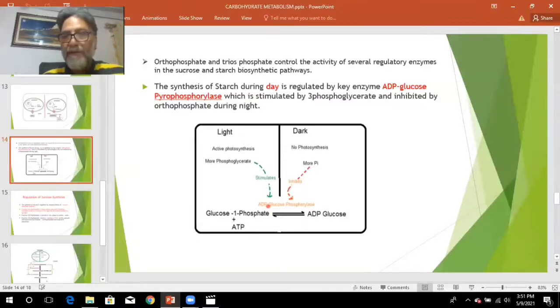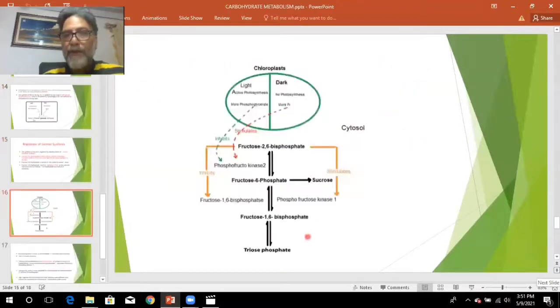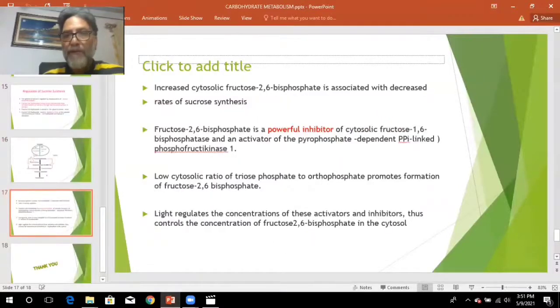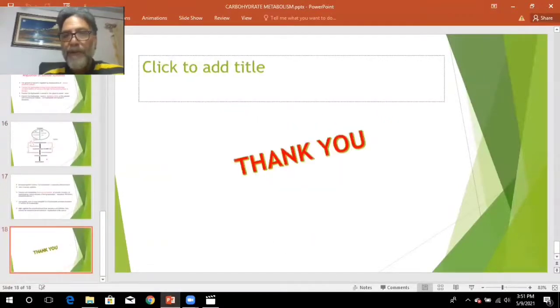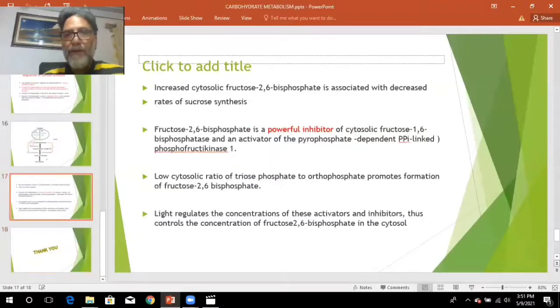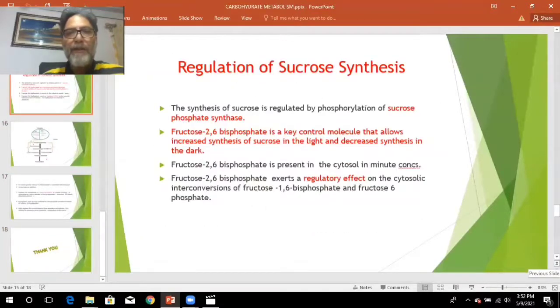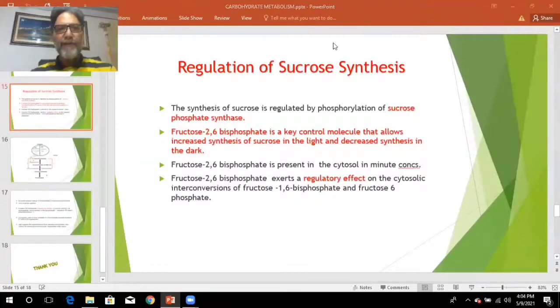Now let's understand the regulation of this sucrose synthesis. Let us understand the structure of the sucrose and the brief synthesis of the sucrose as it is taking place inside the mesophyll cell cytosol.